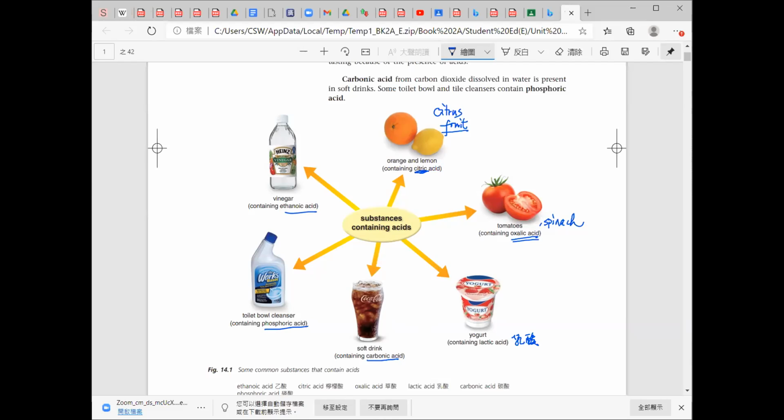For example, ethanoic acid, I find it as CH3COOH. Do it now. I'll give you 2 minutes.